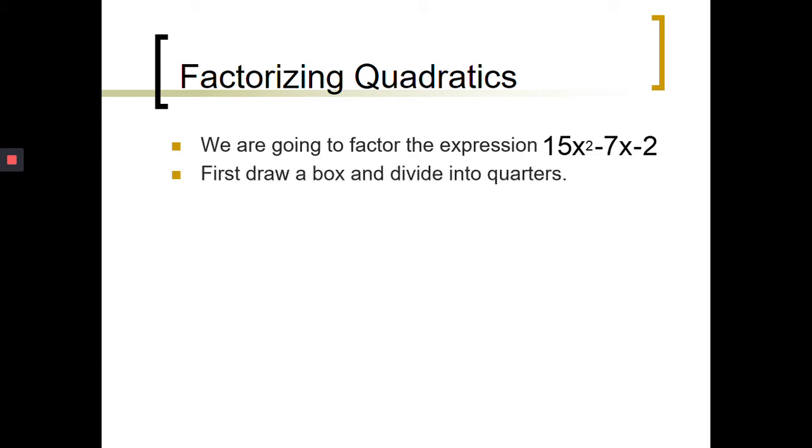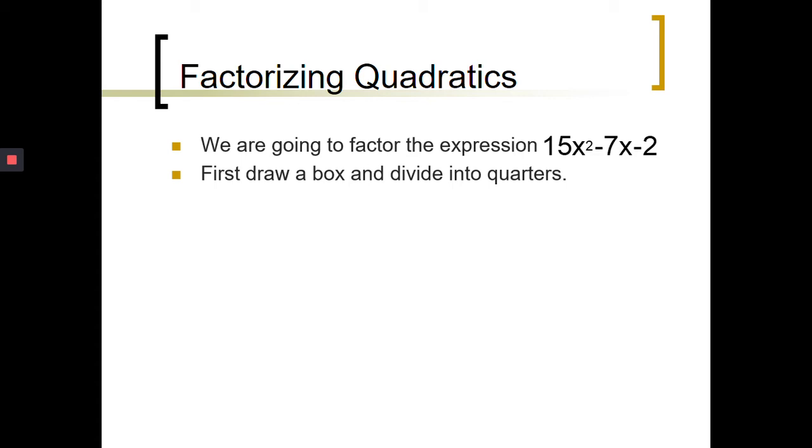Alright, so our goal is to convert our degree 2 trinomial into a 4-term expression, and then we factorize that 4-term expression using the box method.